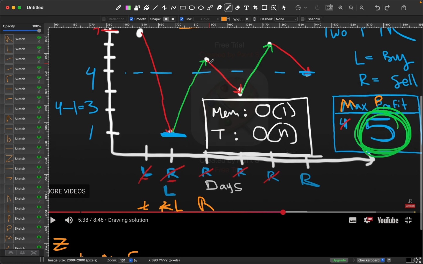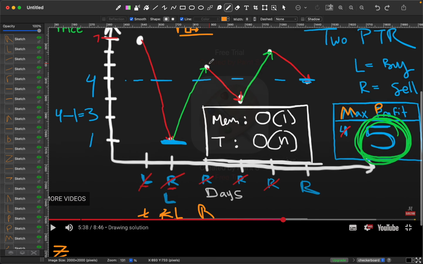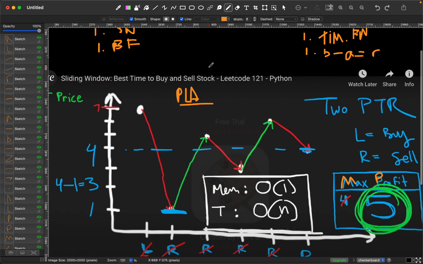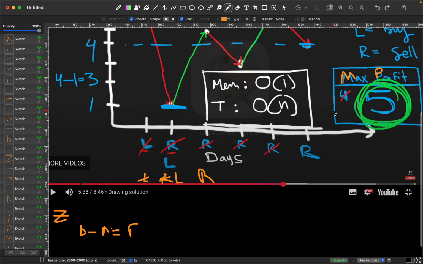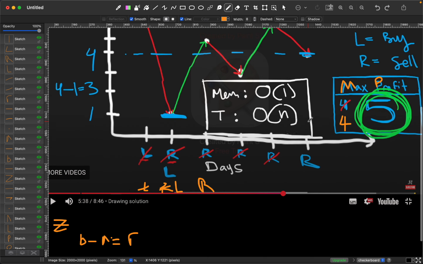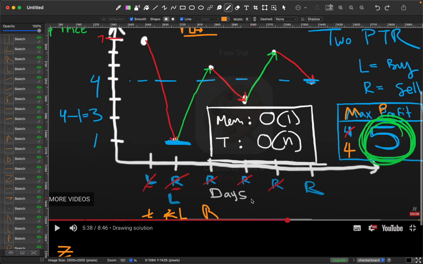This time round you get 5 minus 1, and that gives you a 4. So that gives you a new max profit of 4. Fine, and we start to calculate again.